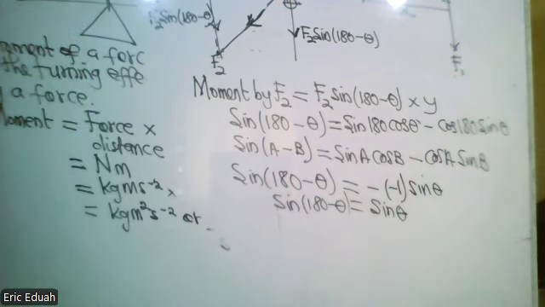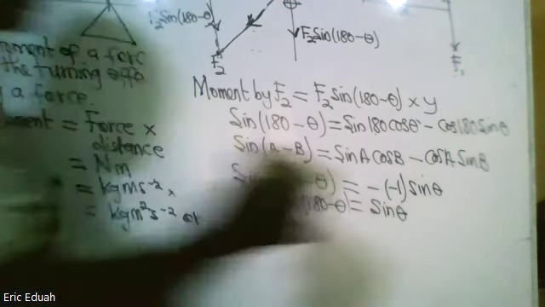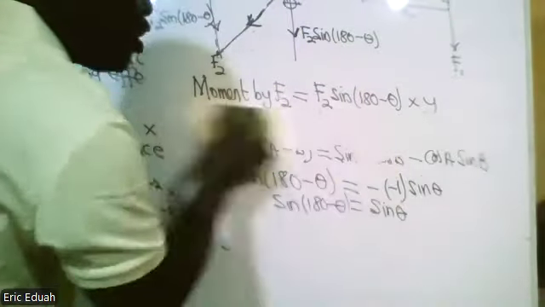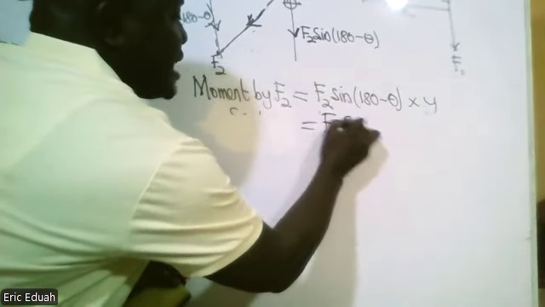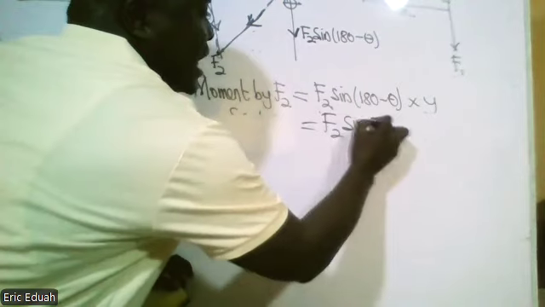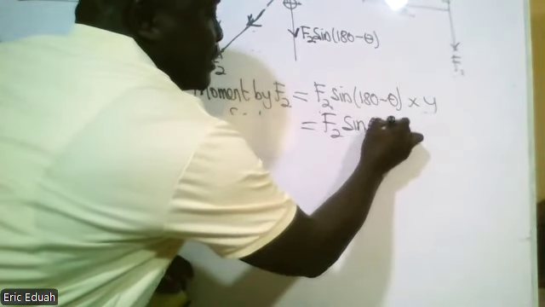Meaning that the moment can simply be F2 sine theta times y.